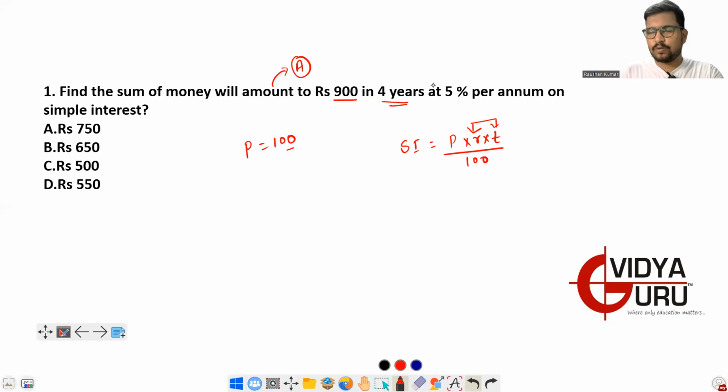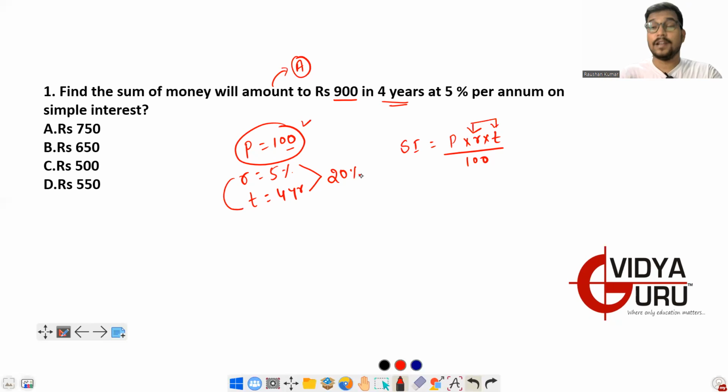The rate is 5% and T is 4 years. If we multiply these two, we get 20%. It is clear that in simple interest, each and every year our interest will be the same. That's why we have multiplied here.